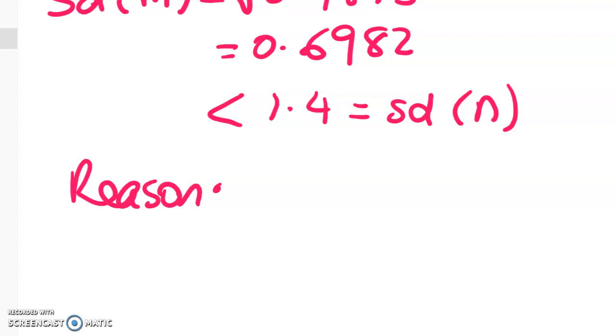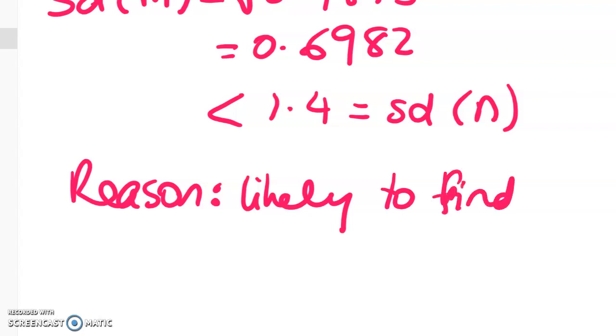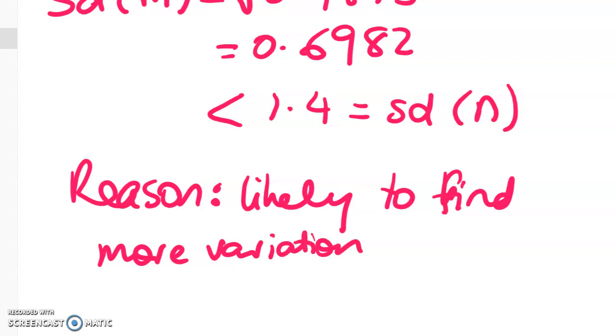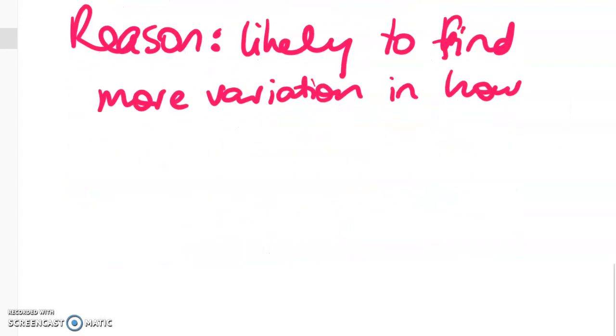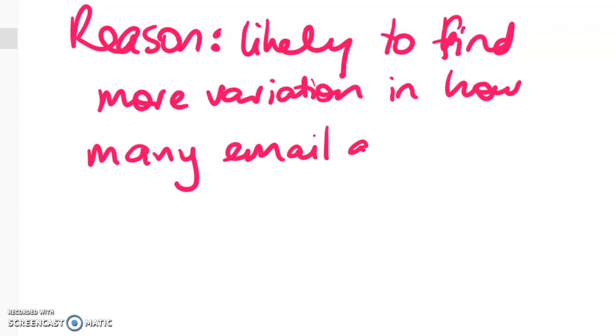So think about how many mobile phones you've got. I don't know about you, but I've got one. Most people have got one mobile phone. But for email accounts, you're likely to find much more variation. So you might want to say something like this: you're likely to find more variation in how many email accounts people own.